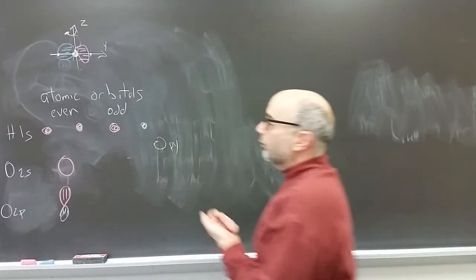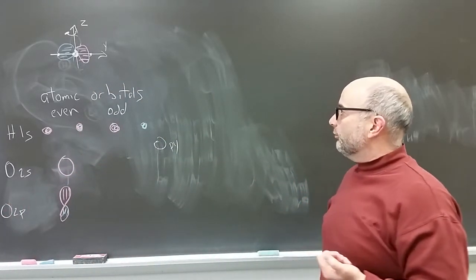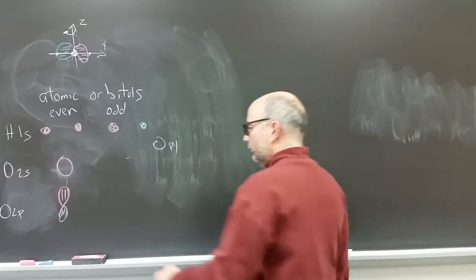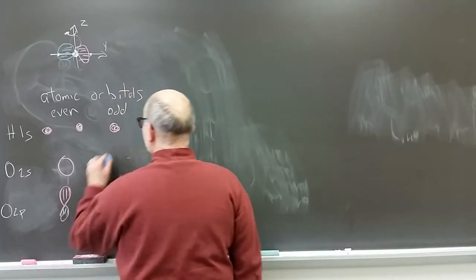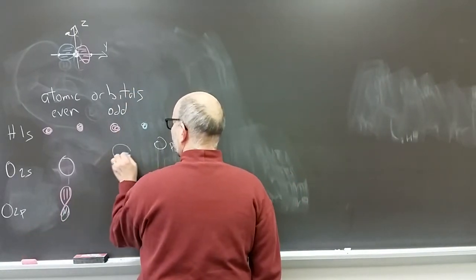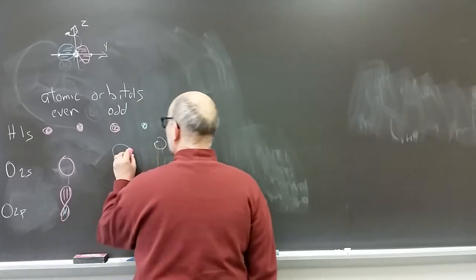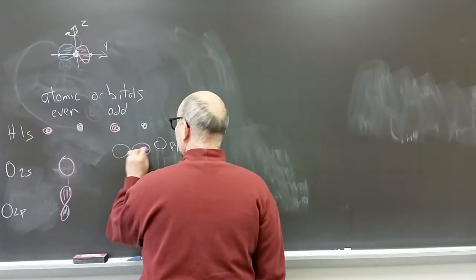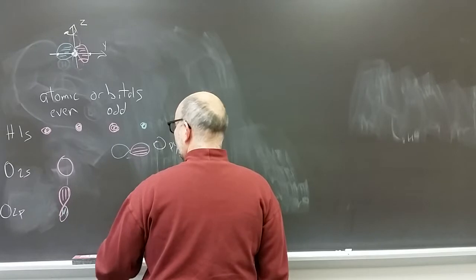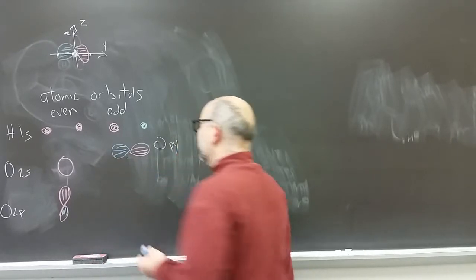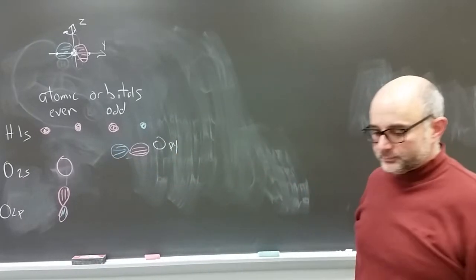So if you flip that 180 degrees around the z-axis, you get the opposite of what you started out with. So that one is going to get classed as an odd.